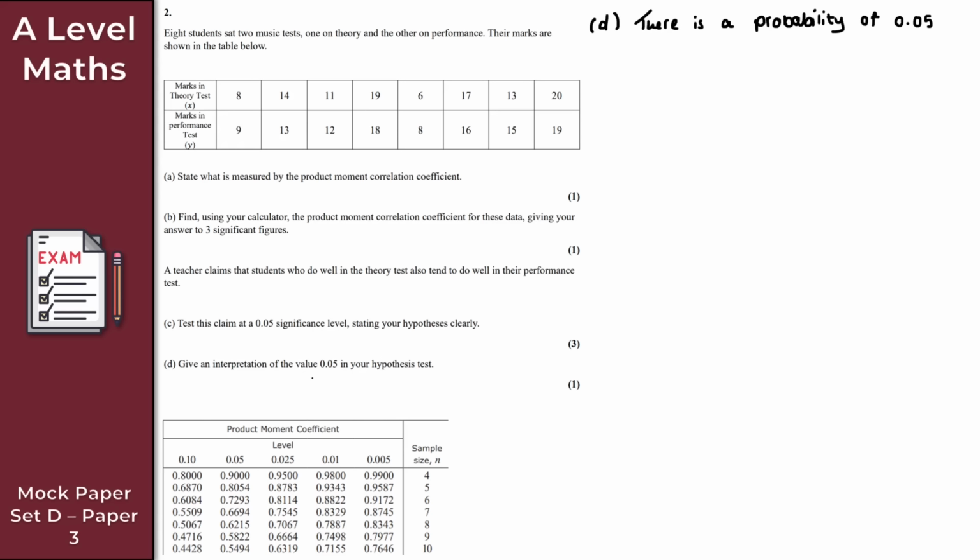If that was 0.1, for example, it would be a probability of 0.1. You get the idea. That the null hypothesis is true.